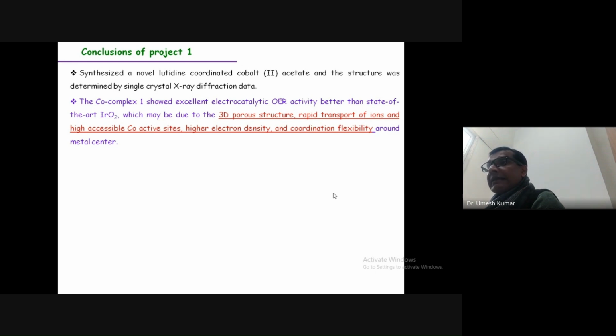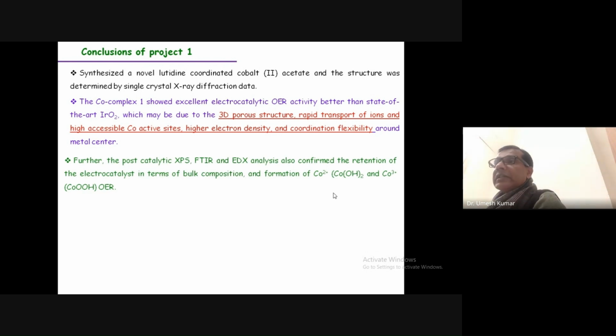Rapid transport of ions, because it is a very porous material, it has different holes. And these are highly stable cobalt active sites, because the molecule is very simple, with higher electron density around the metal centers. And there is conformational flexibility due to the carboxylate ligands.